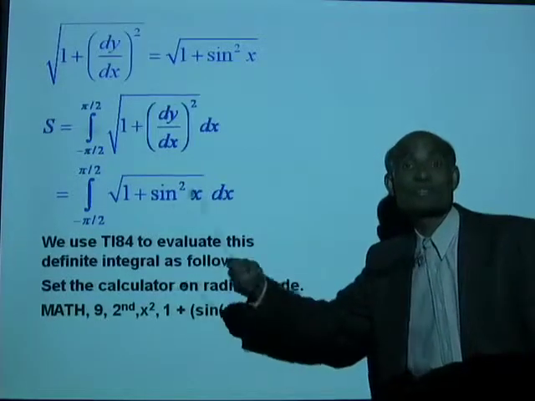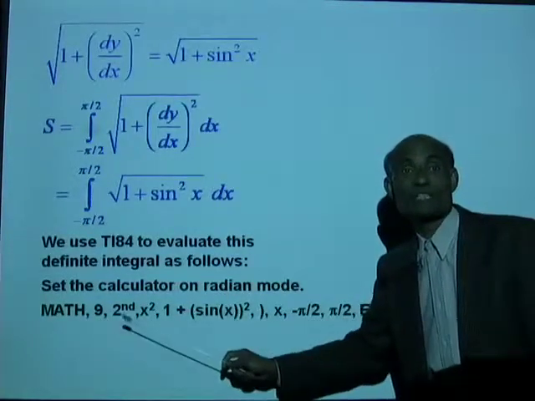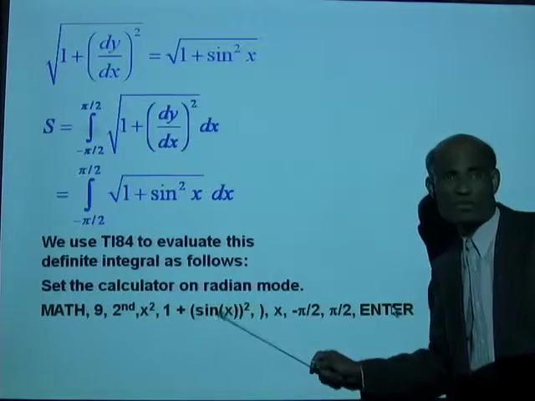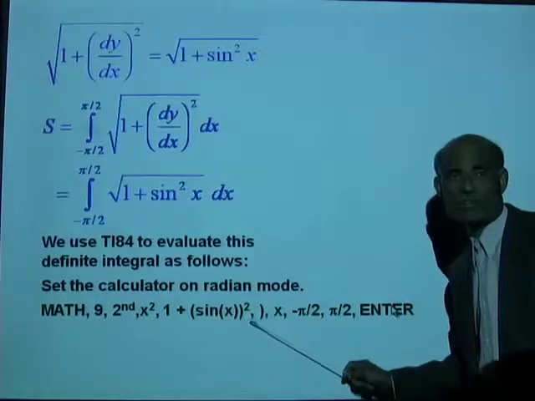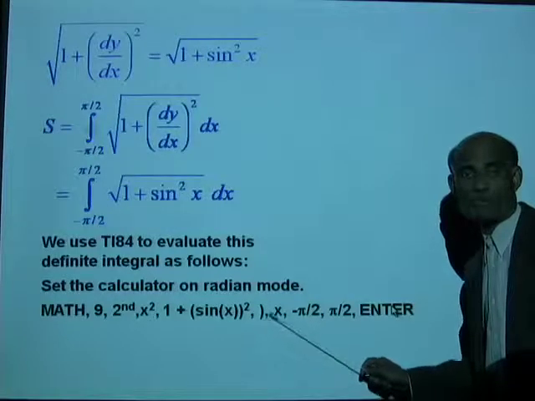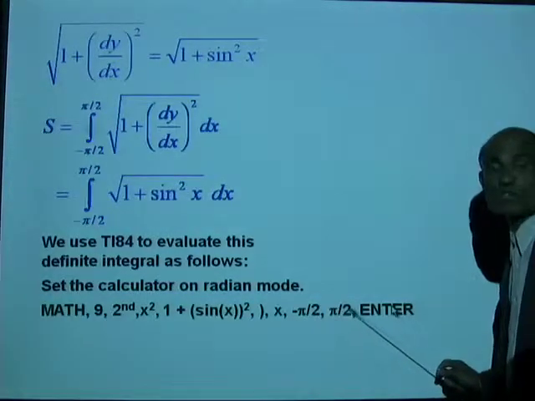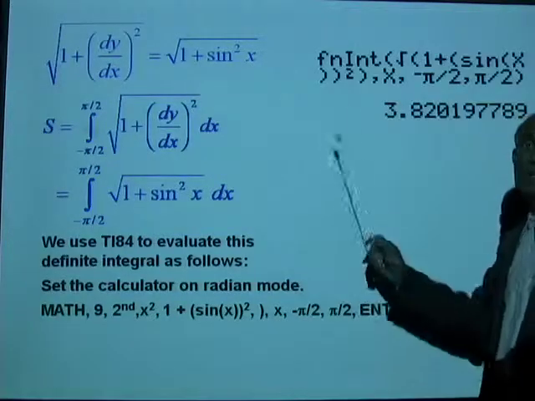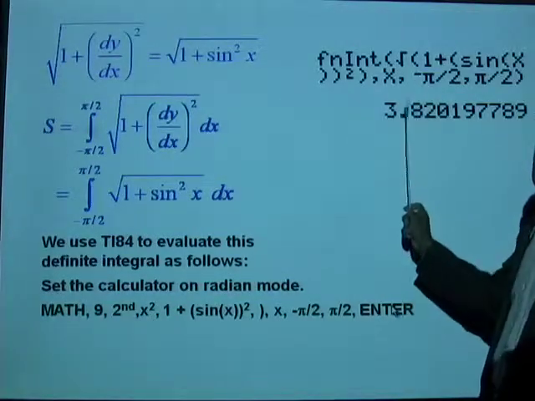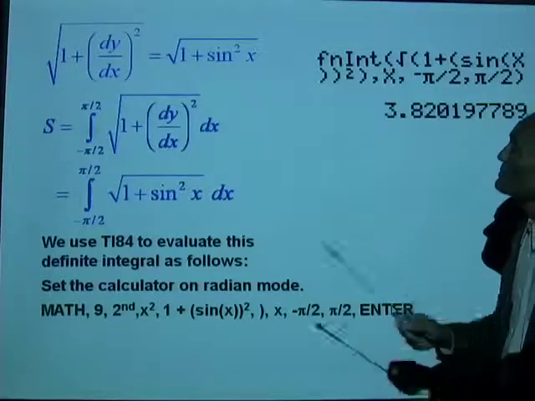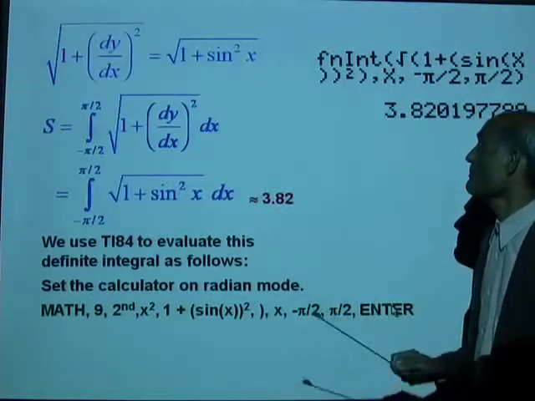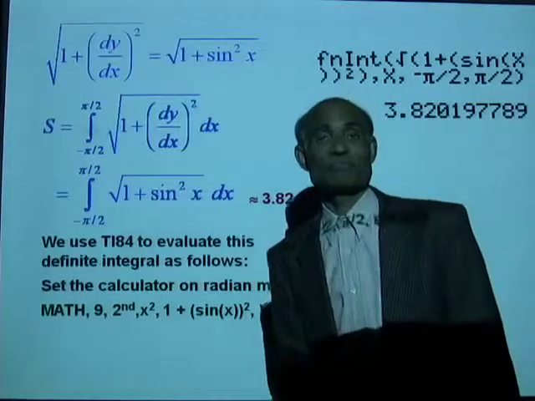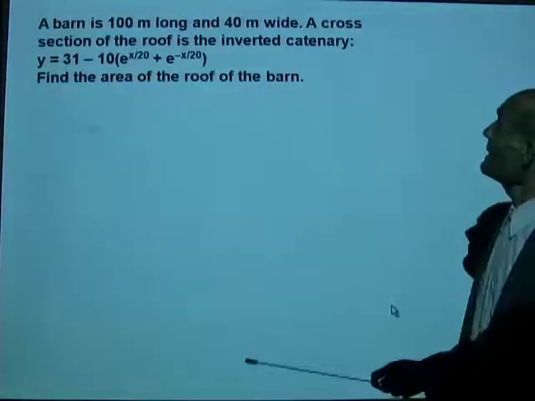Number 9 will give you the integration operator. Then second square root, 1 plus, look at the way you write sine squared x, comma, the parenthesis. Now follow these keystrokes if you did not follow when I showed it. And it will be like this. It'll give you 3.82 as the value of this. Remember, that is an approximate value, not the exact value. Okay, let's do another one.